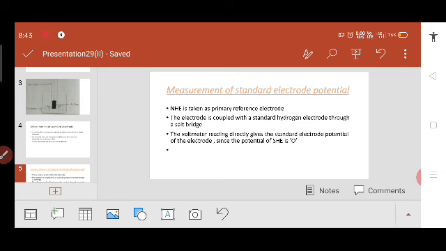The electrode is coupled with a standard hydrogen electrode through a salt bridge. The voltmeter reading directly gives the standard electrode potential of the electrode, since the potential of the standard hydrogen electrode is 0.